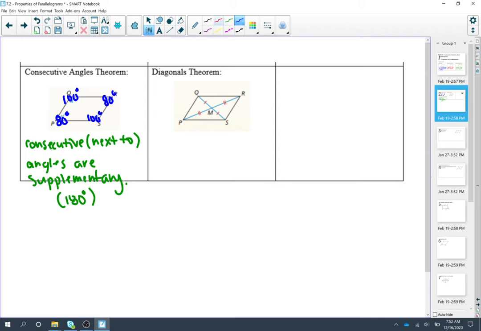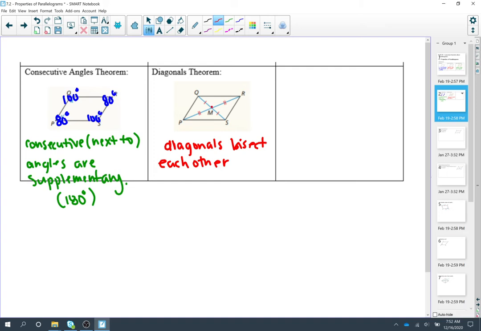And then the last theorem we're going to work with today is the diagonals theorem. So a diagonal goes from opposite angle to opposite angle. So diagonals bisect each other. Now keep in mind that bisect means to cut in half.